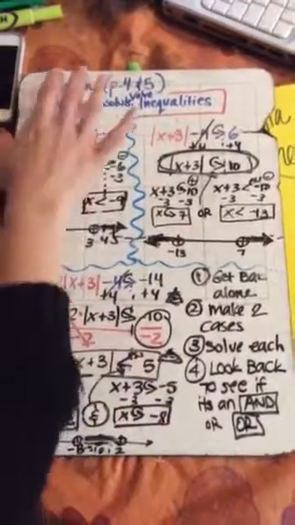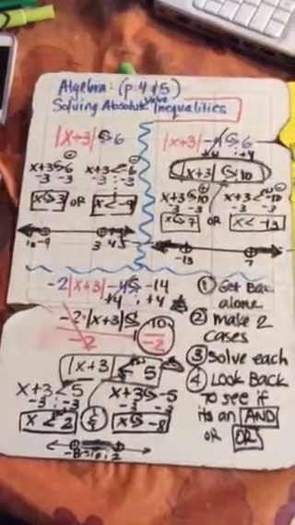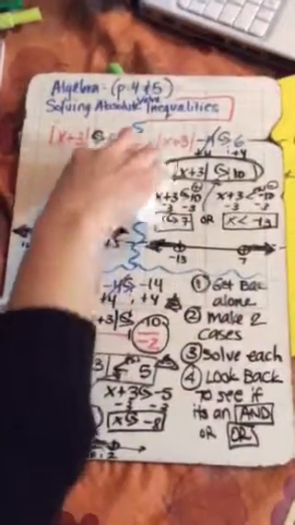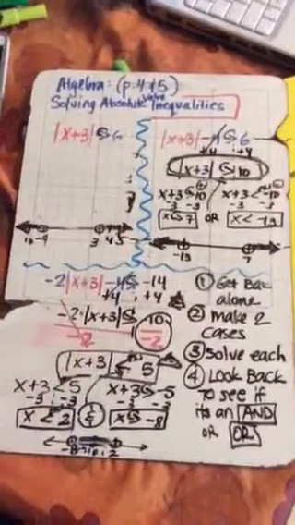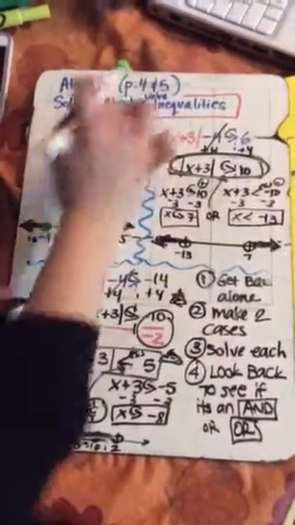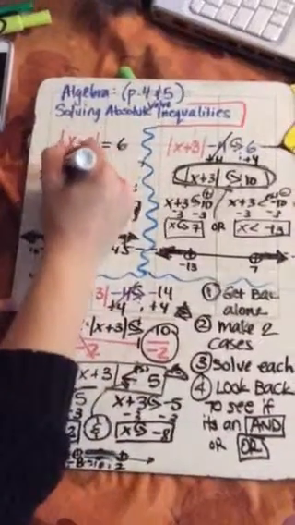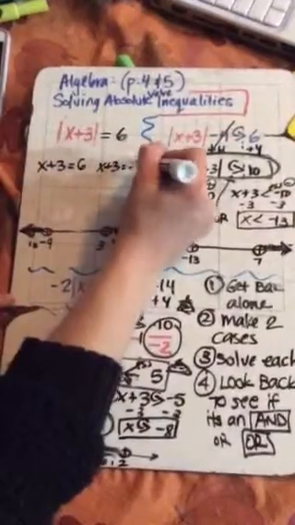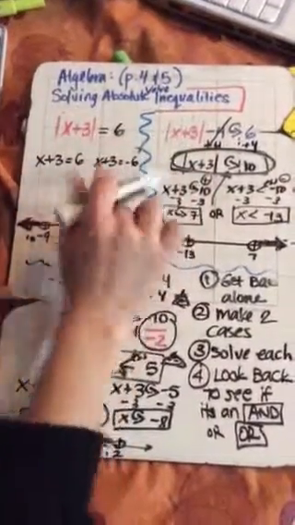Don't forget, when you're solving an absolute value equation. So this was the inequality, but if it was an equation, you get the bars alone also, and you make your two cases. X plus 3 equals 6, and x plus 3 equals negative 6. And you solve both of these.